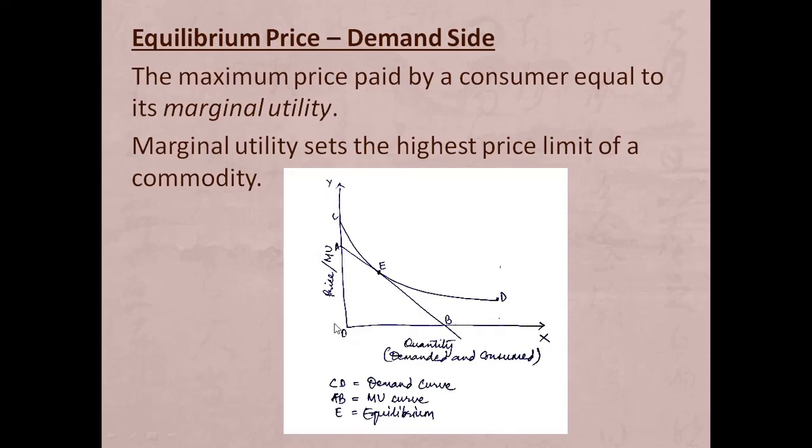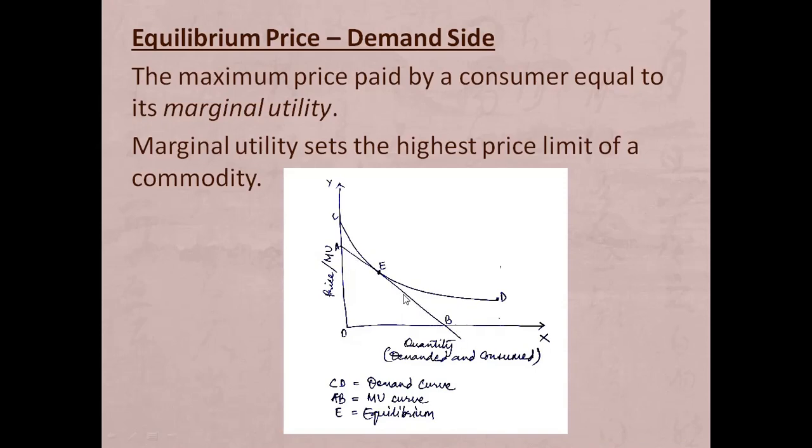You can refer to this graph, which is roughly prepared. This CD is your demand curve, let us assume it to be a demand curve, and this AB, let it be a marginal utility curve.